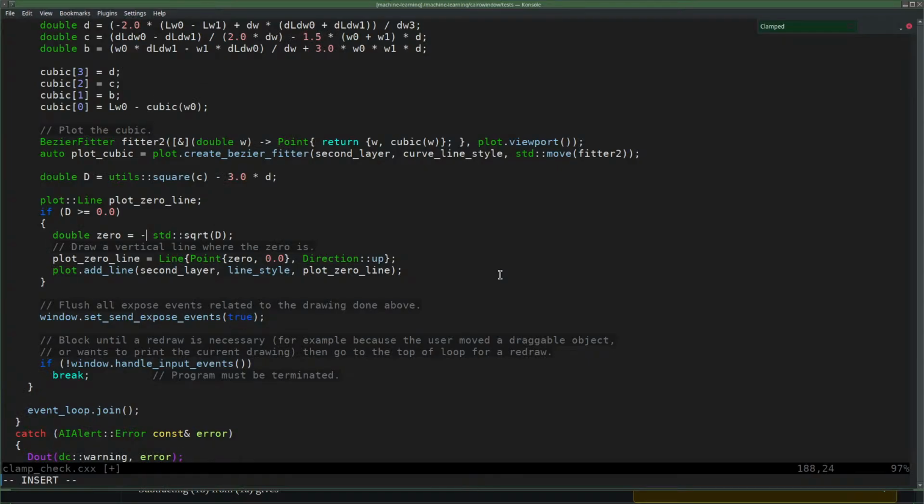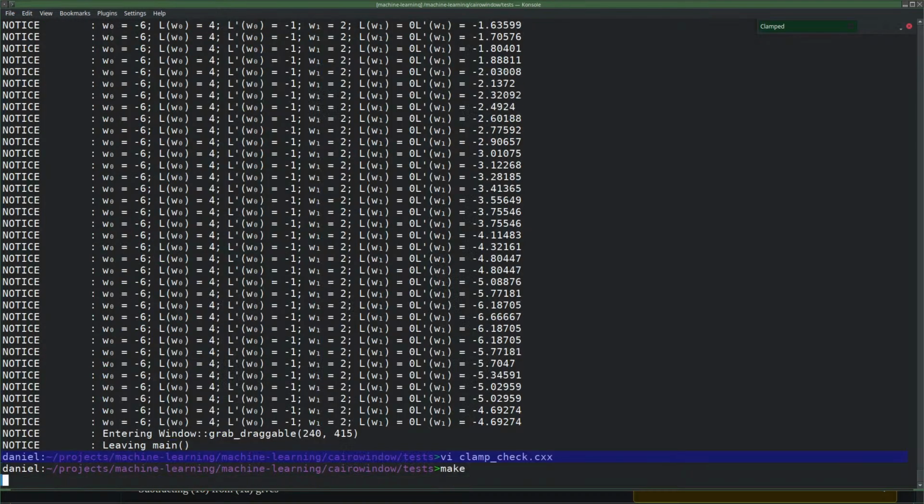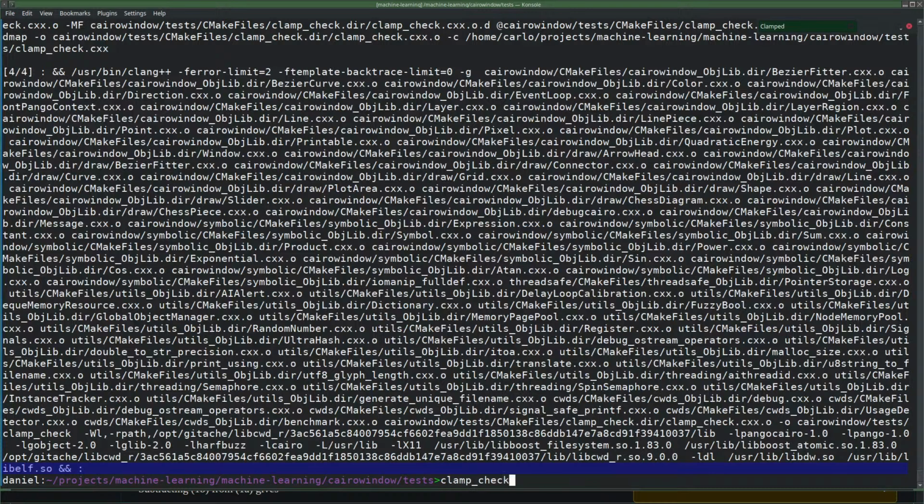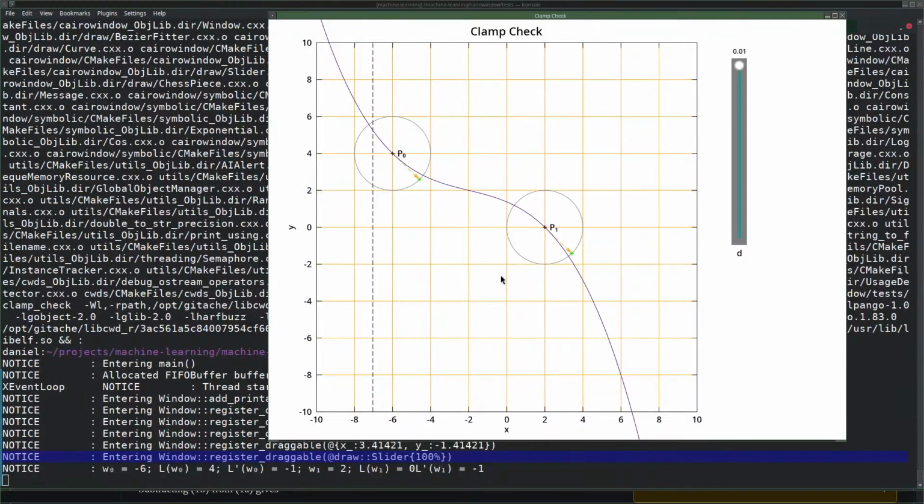Oh, it's unbelievable, but yes, it's minus c plus that square root, all divided by 3 times d. And that will be the minimum. And we still have a minimum. What the hell is this doing here?